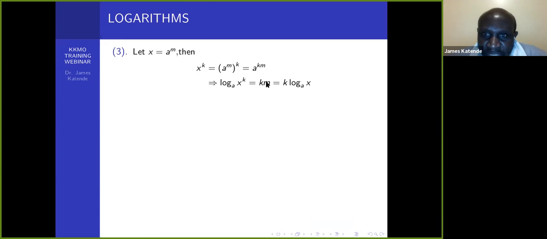But we know that, based on this relation here, m is the logarithm of x to the base a. So we can replace m with the logarithm of x to the base a. And we end up with the power rule, where the log of x raised to k is the same as k multiplied by the logarithm of x.